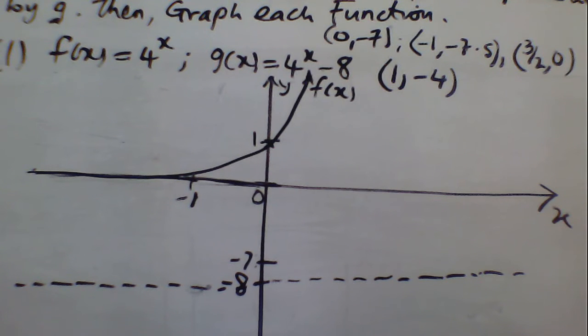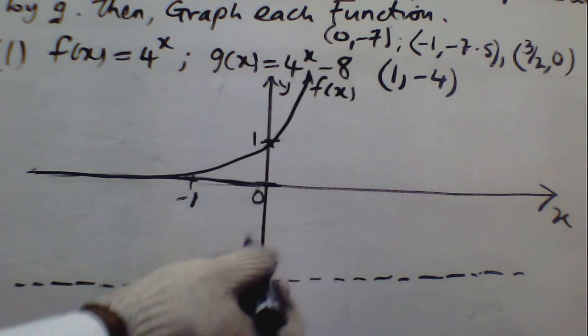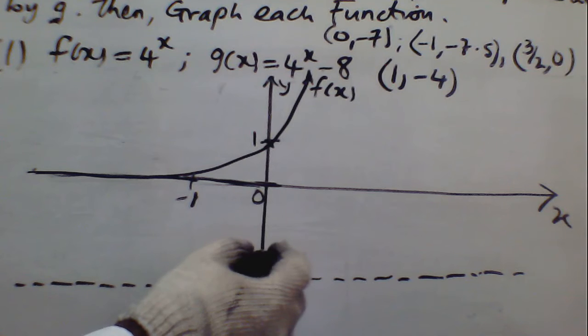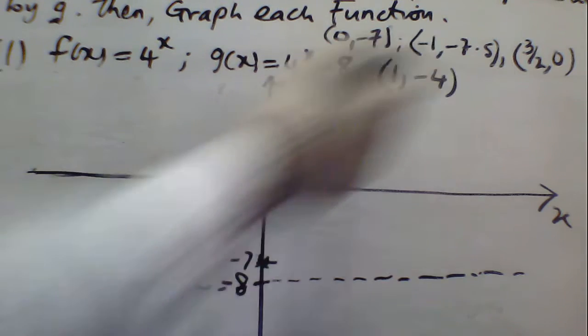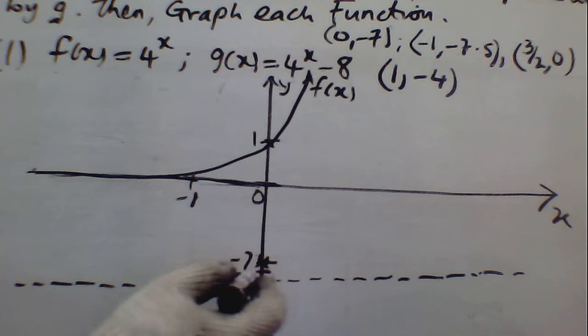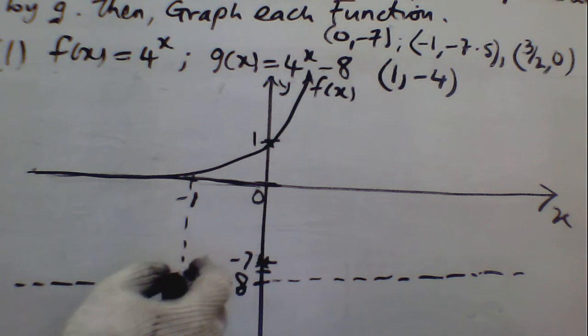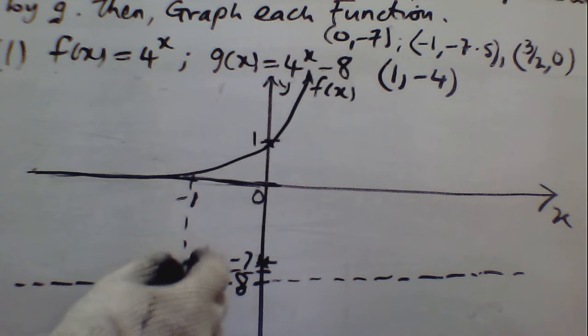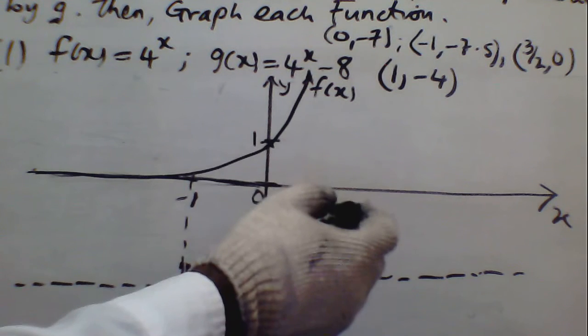So the next is, when x is 0, y is minus 7. We have a point here. When x is minus 1, y is equal to minus 7.5, somewhere here in between. I draw a vertical here, I draw a horizontal, so they will meet here. The next is when x is 3 over 2, that is 1.5.